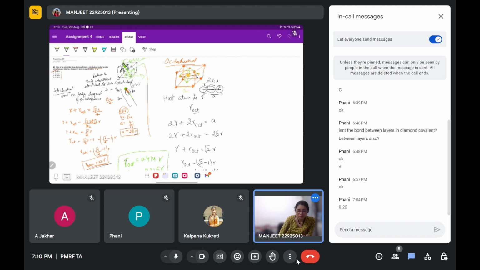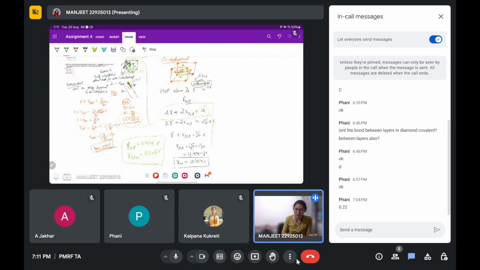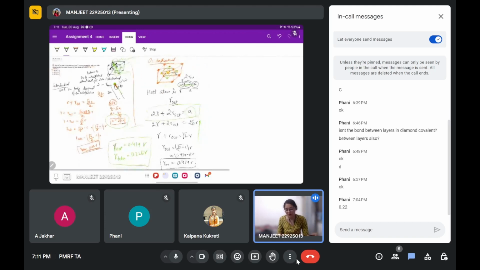So it will be 2R, because half is the R radius of this one and the R radius of this one, and this is 2 R oct. So the total is A, and you have to substitute the value of A here. We already know this value. Substitute here, and you will get R oct as 0.414 R. Okay, so this is the size of the atom that can fit.